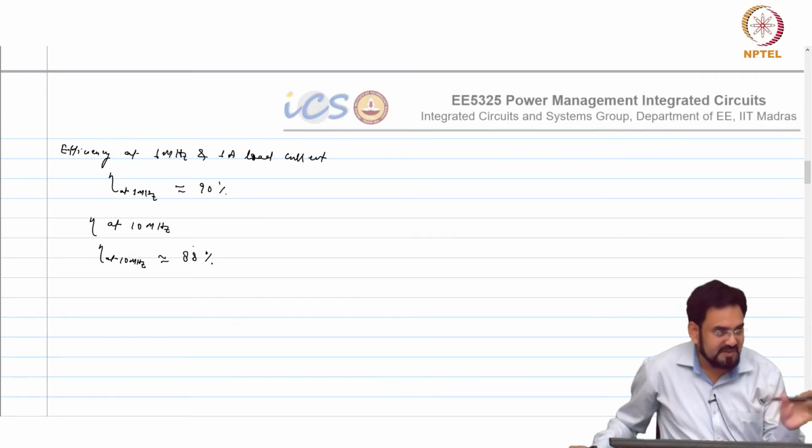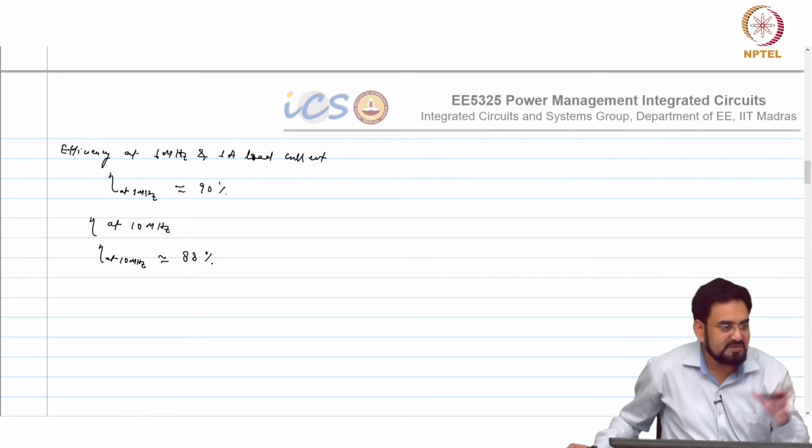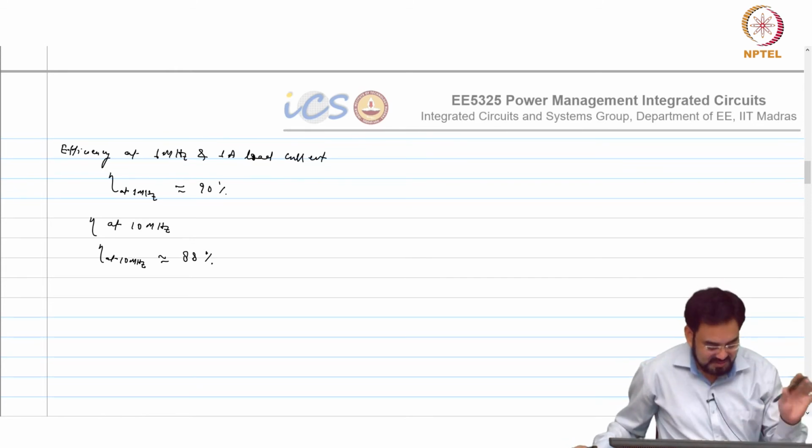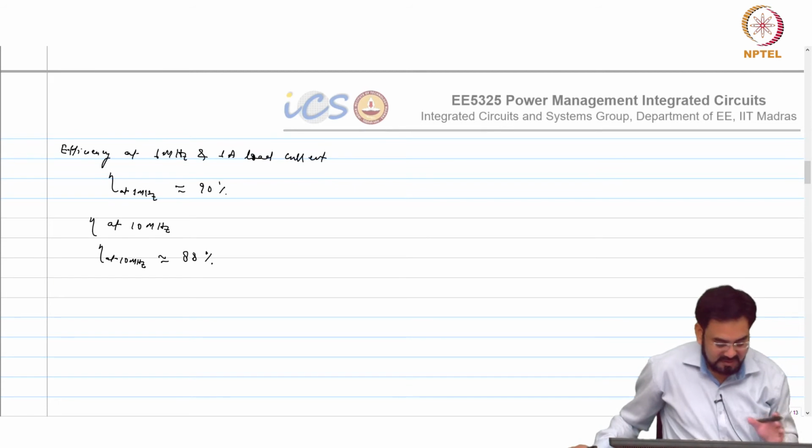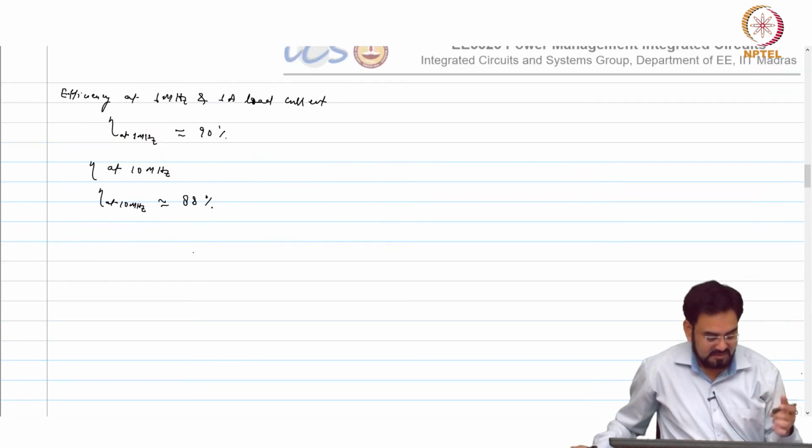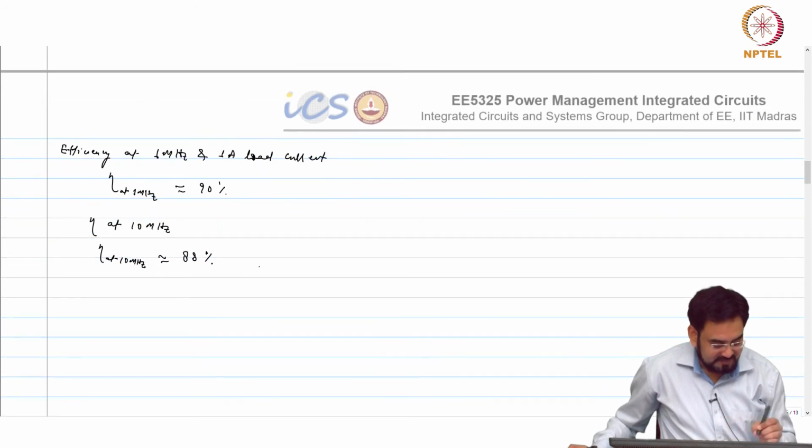These numbers may not be exactly accurate, there will be plus minus 1% error, but that does not matter. I am just trying to give you an idea of how much it will affect your efficiency.